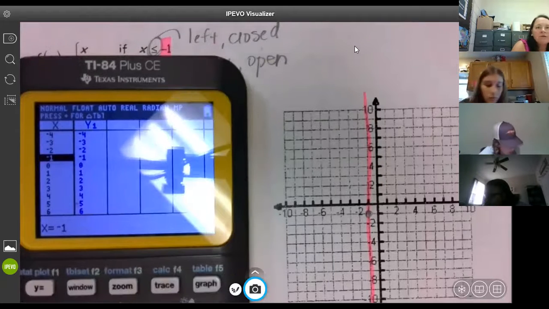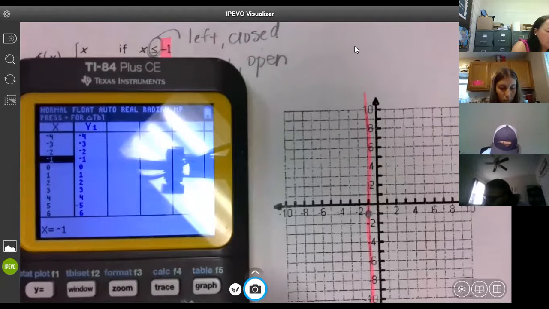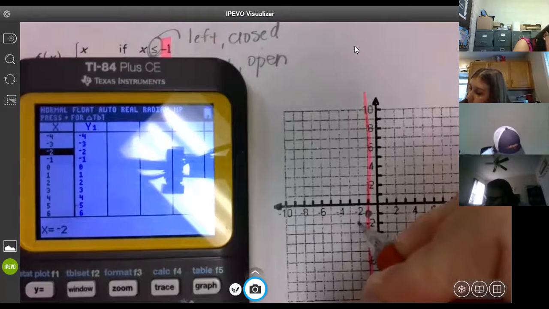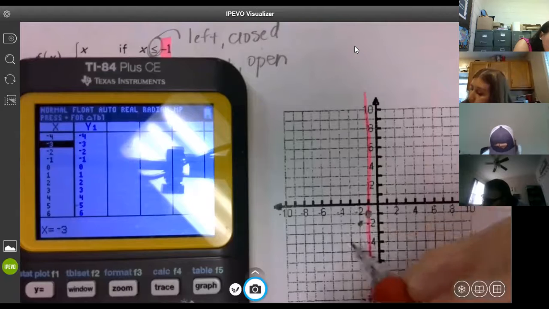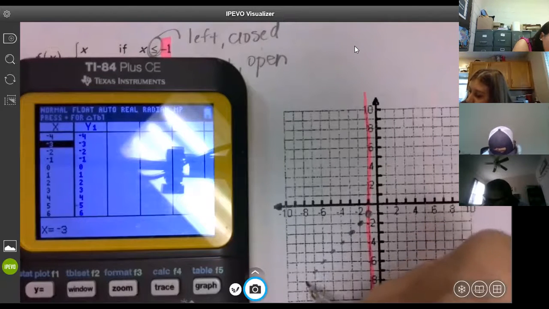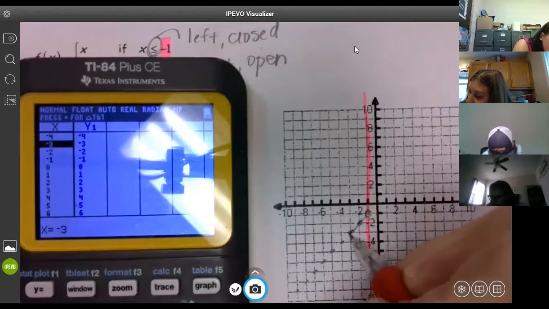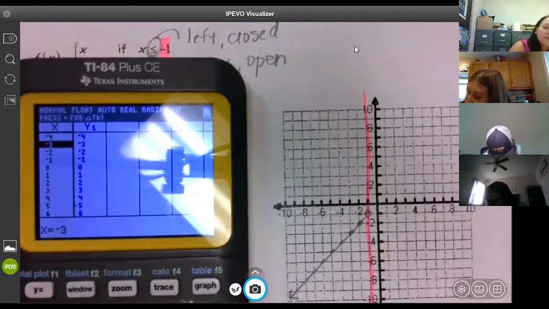Again, we're only doing this function right here. So that means we're going to go to -2. So -2, -2. -3, -3. And hopefully by now you're seeing that pattern. Over 1, down 1. Or down 1, over 1. Connect. Draw your arrow.